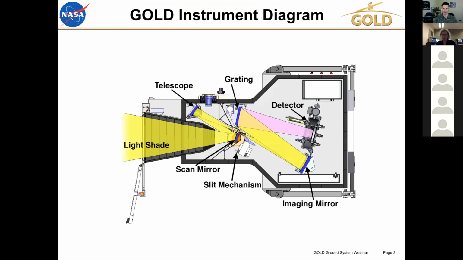GOLD is not specifically a space weather monitoring instrument, but it does look at that effect, in addition to the effect of the lower atmosphere, sort of the weather from below, and the effects that that has on the thermosphere and ionosphere as well.